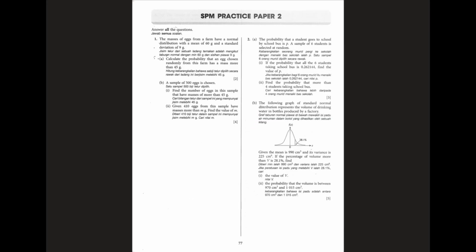Just for your information, this kind of question is also the one we learned just now, the new skill: they give us probability, you have to find the z-score. You change this to z-score first, then you find it afterwards. That one is under the same type.